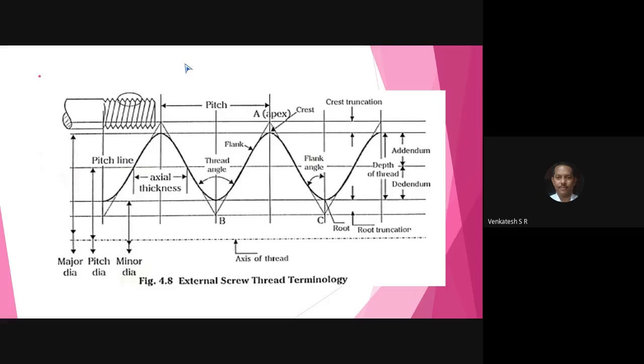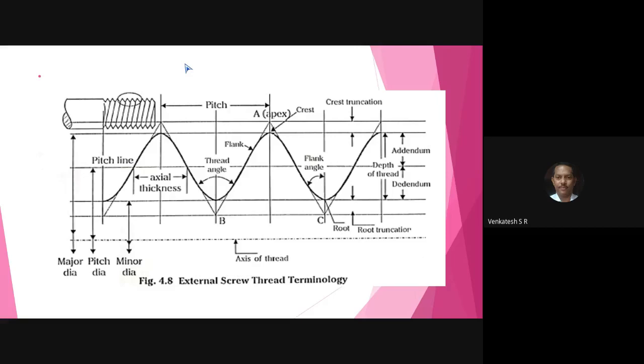All of you have seen it, there they use left hand thread, because if you turn the nut in clockwise direction, the nut is coming out of the bolt. That is left hand thread.